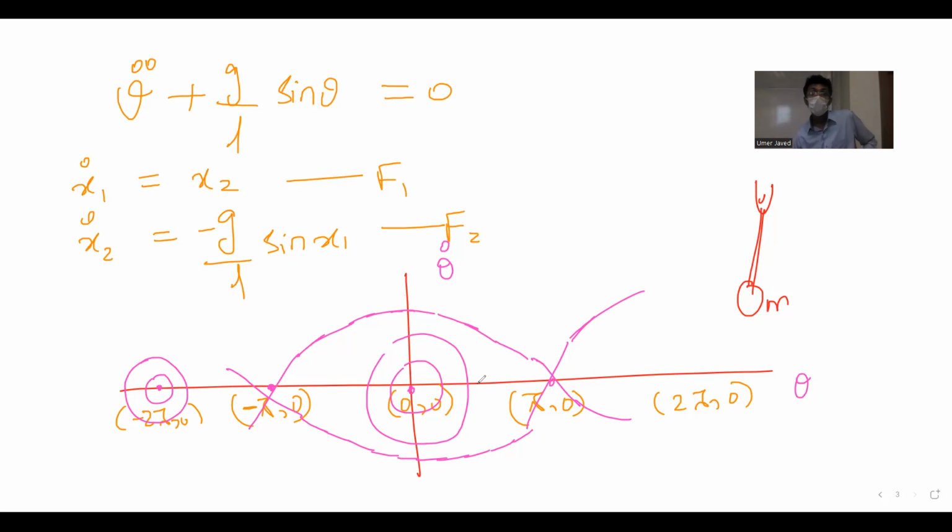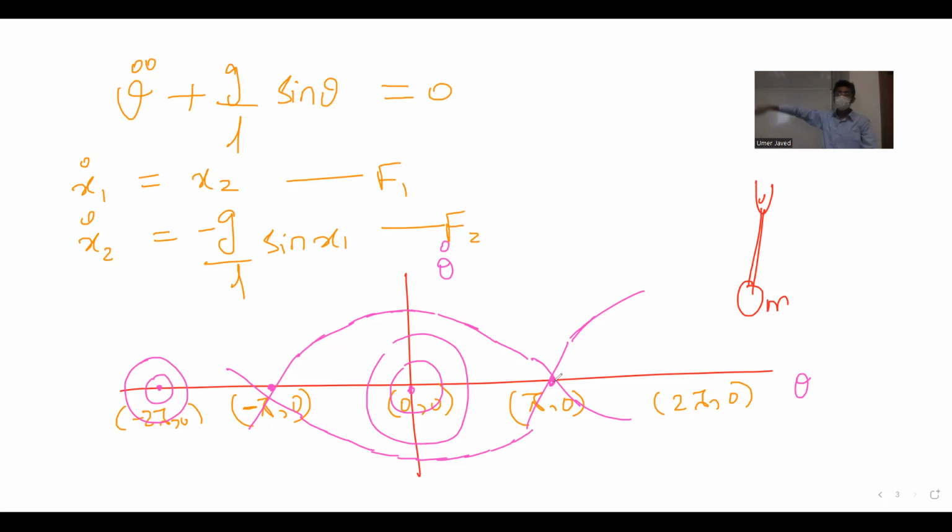But if you take it to 180 degrees and then you leave it, then it will take these huge circles, right? So let's say you remain within this, but you take the bob here, 180 degrees, and then you give it a push.